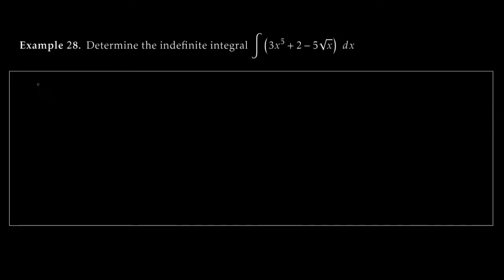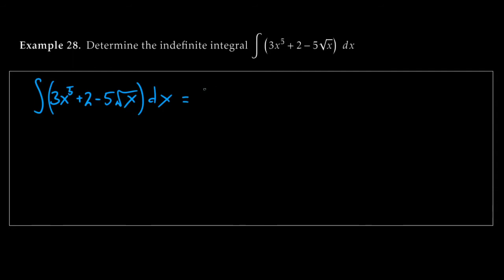Example 28. Let's determine the indefinite integral of 3x to the fifth plus 2 minus 5 times the square root of x dx. First thing I'm going to do is make this a little bit more manageable. I'm going to break this down into bite-sized chunks using the sum and difference property of indefinite integrals.